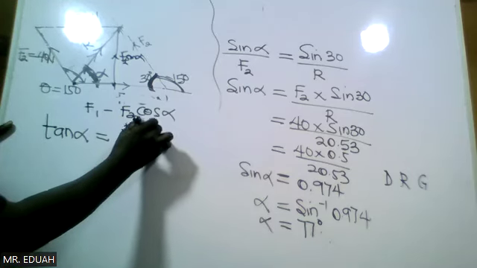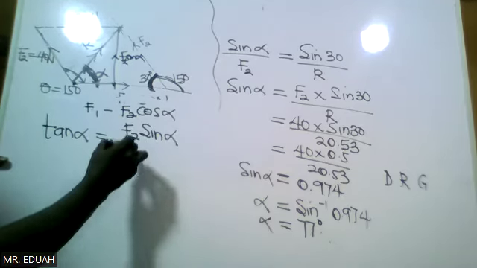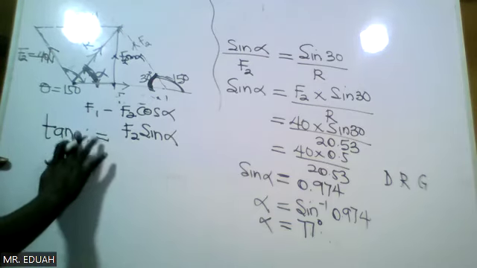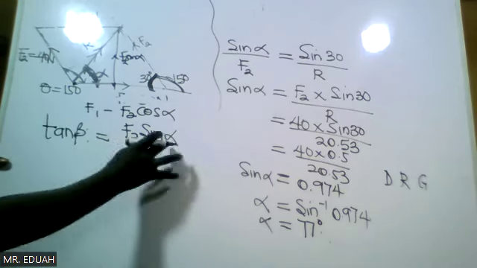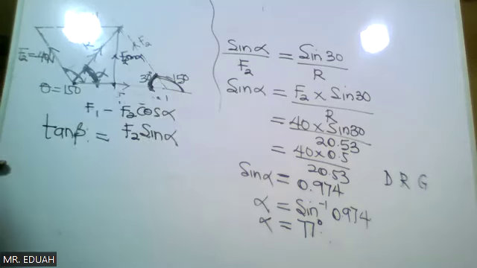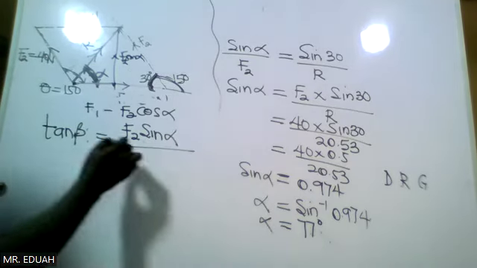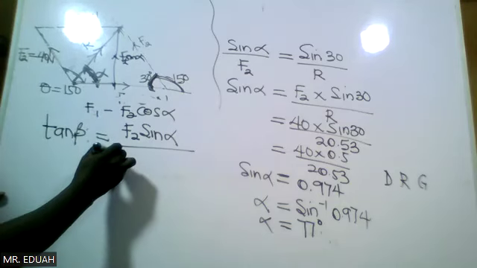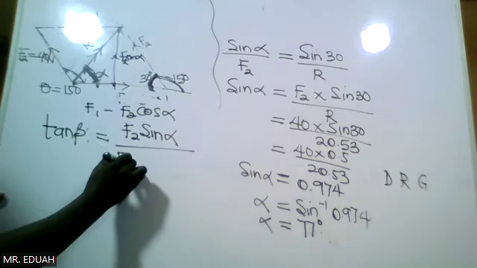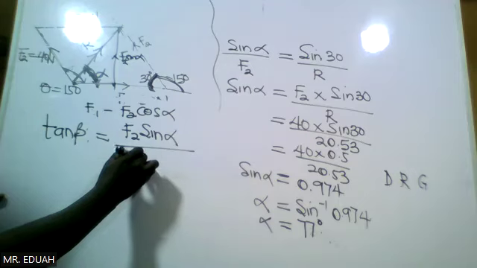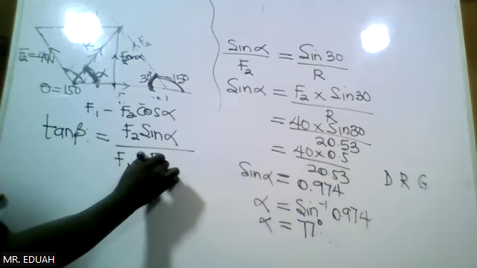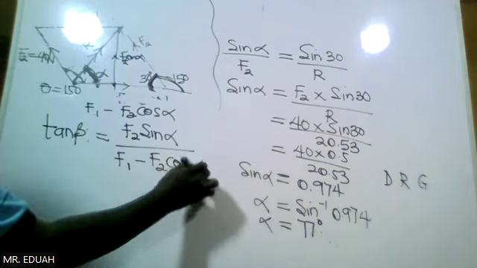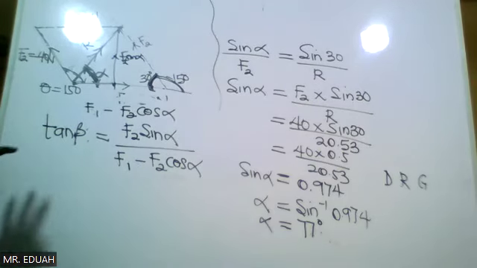Then we determine this angle by considering tan alpha is equal to the opposite, which is F2 sine alpha, divided by OD, which was F1 minus F2 cos alpha. Let me change this to beta because of what I represented this angle by. You recall, I also use this to determine the direction.